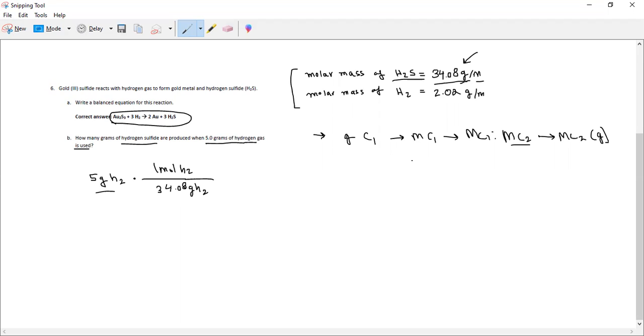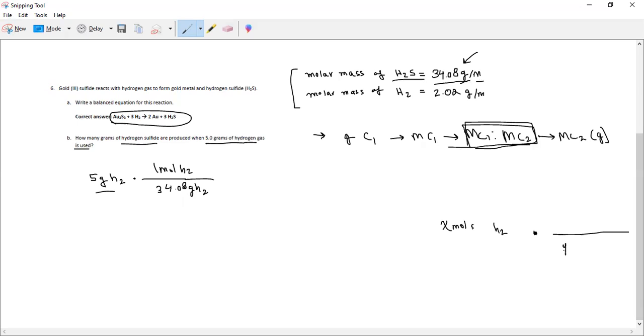The goal was to make a comparison between moles of C1, which I have, but I wanted the comparison to moles of C2. So imagine if I just had X moles of H2, right? And I essentially want to express moles of H2 as moles of hydrogen sulfide. What would you do?